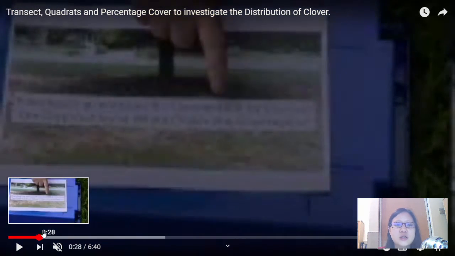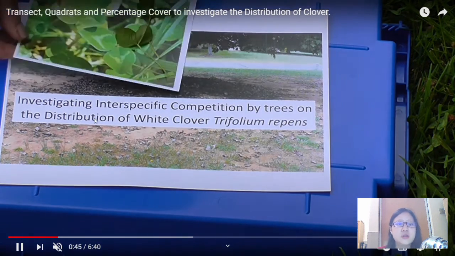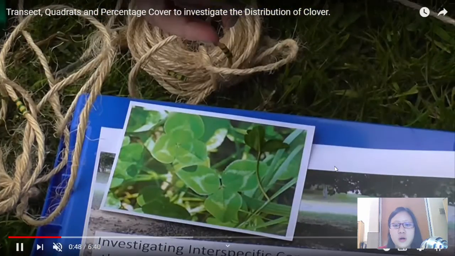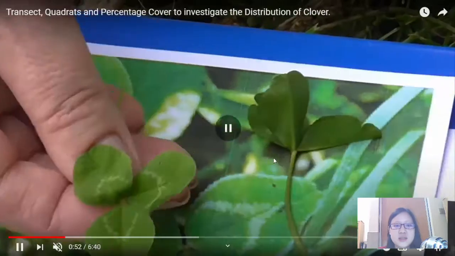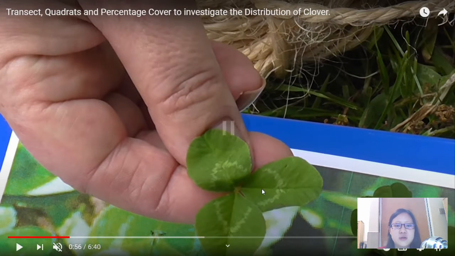So basically, they are trying to investigate interspecific competition by trees on the distribution of white clover. And clover is exactly what you imagine it to be. It is the four-leaf clover that represents good luck.